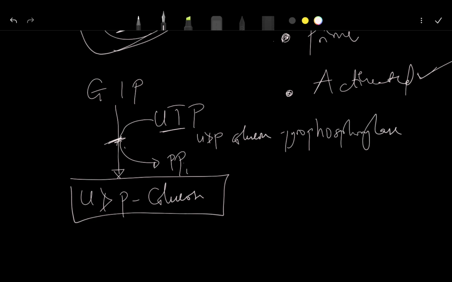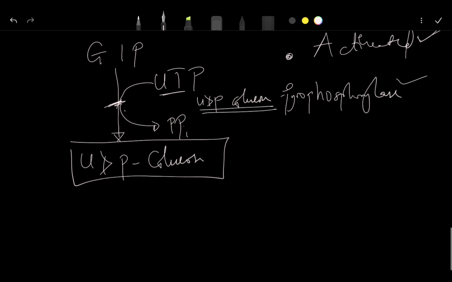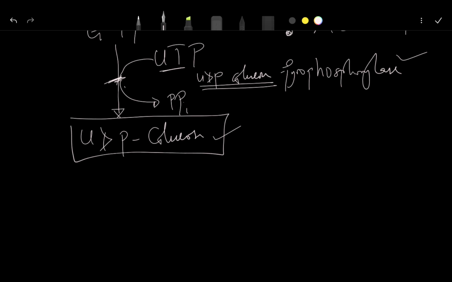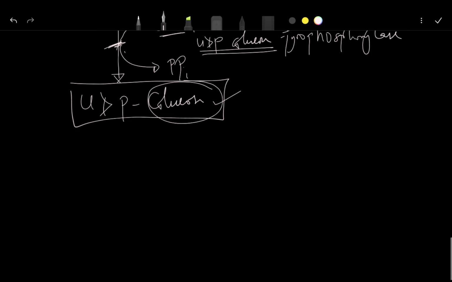Okay, this is the name of the enzyme that does this particular reaction. Take note of the name of this enzyme. Now that we've gotten UDP glucose, the next thing to do is to start picking the glucose from this molecule and use it to synthesize the glycogen.